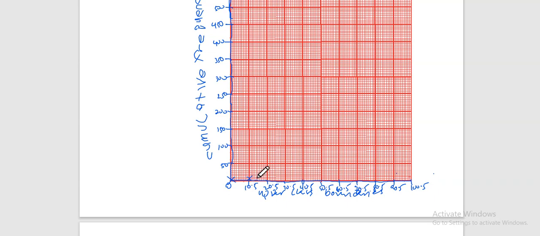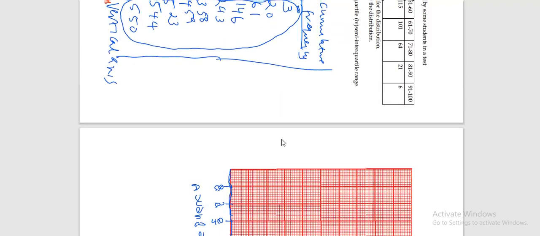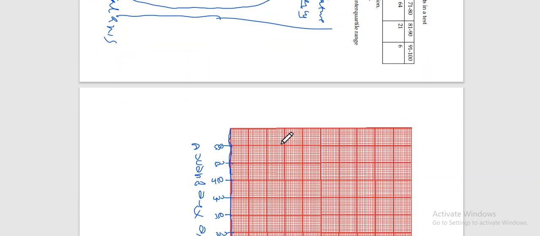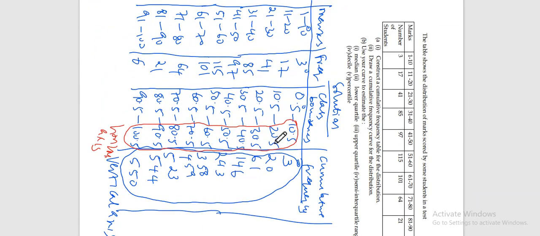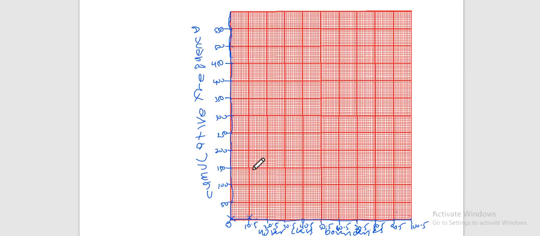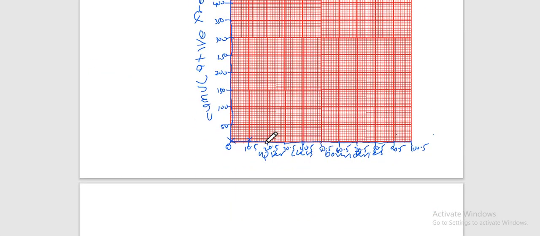Then at 20.5 it is 20. At class boundary of 20.5, the cumulative frequency is 20. So at 20.5, 20 is here. That's at this point exactly.